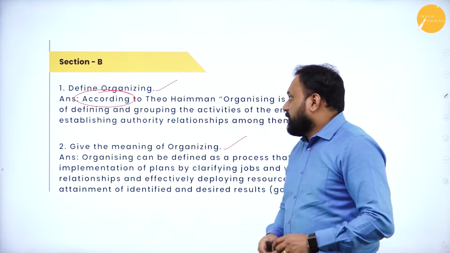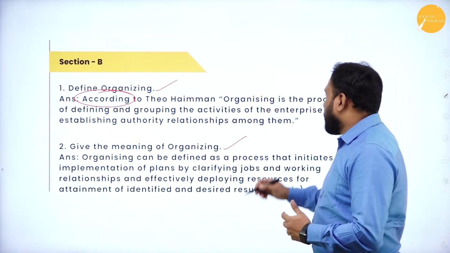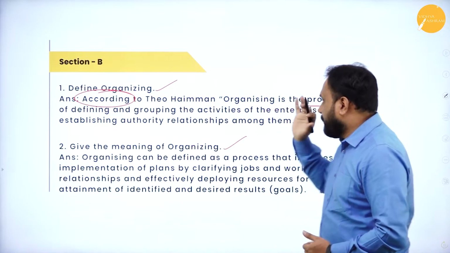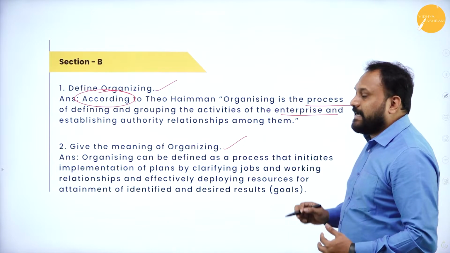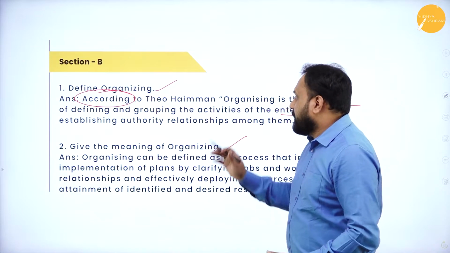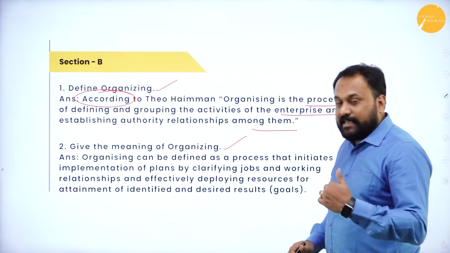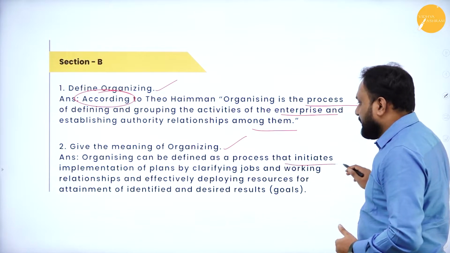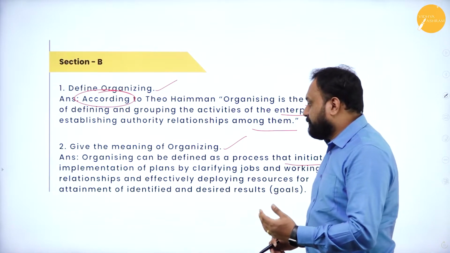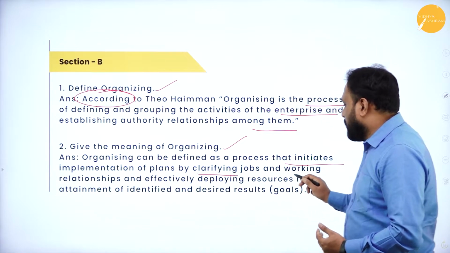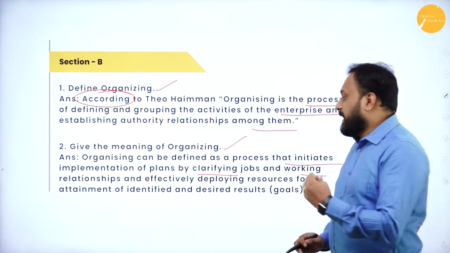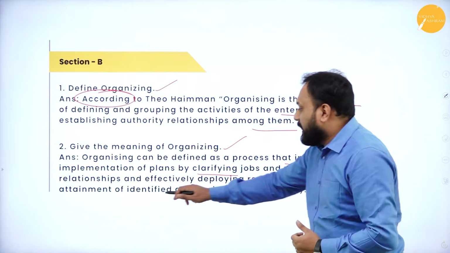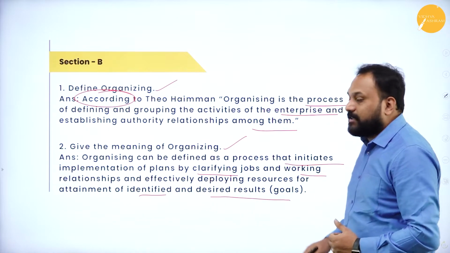Now here, according to Theo Haimann, organizing is a process of defining and grouping the activities of the enterprise and establishing authority relationships among them. The same way, organizing can be defined as a process that initiates implementation of plans by clarifying jobs and working relationships and effectively developing resources for attaining identified and desired results.